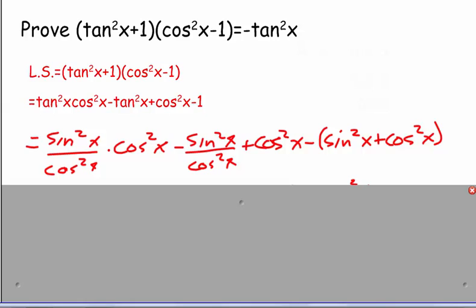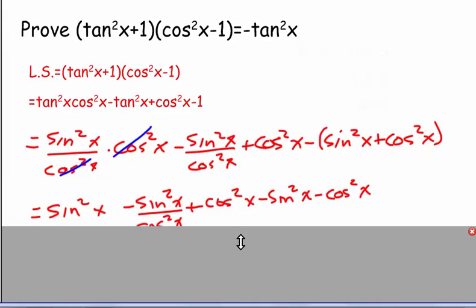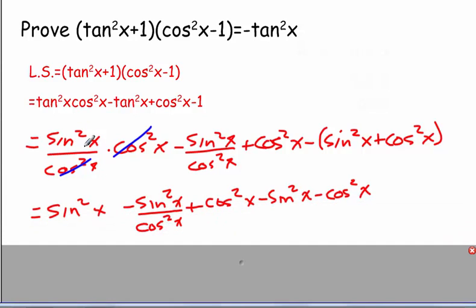And so similar to on the previous question, now I have a multiplied by cos squared divided by cos squared. These divide out. And so sine squared is here alone. The negative sine squared over cos squared is here. As I subtract through my parentheses, I do see a cos squared minus a cos squared.